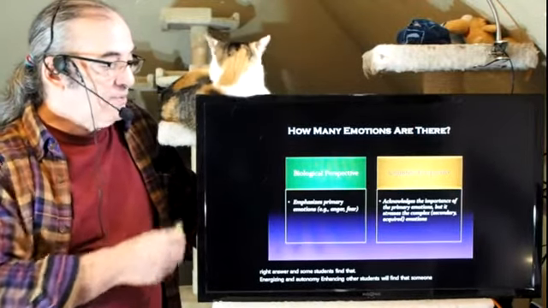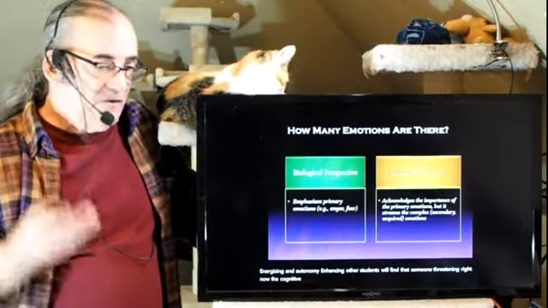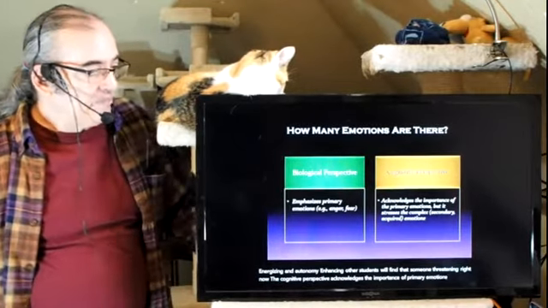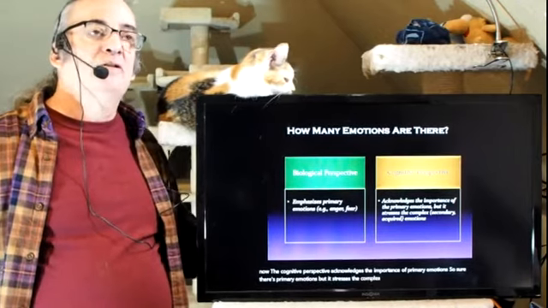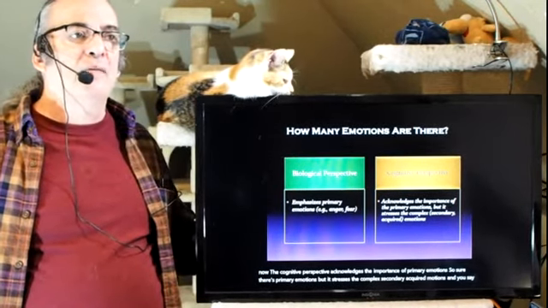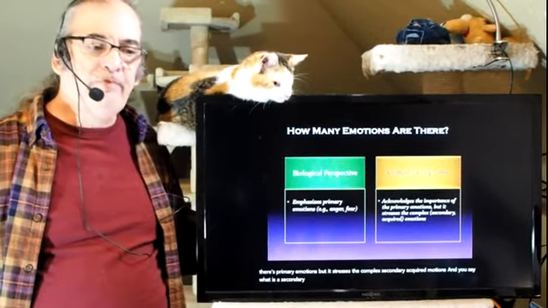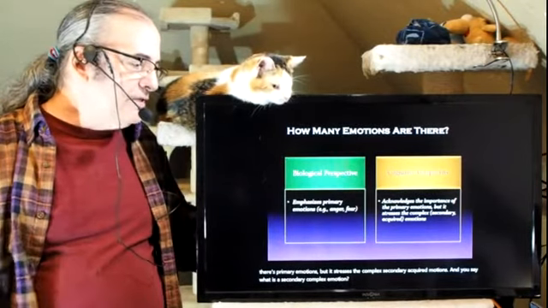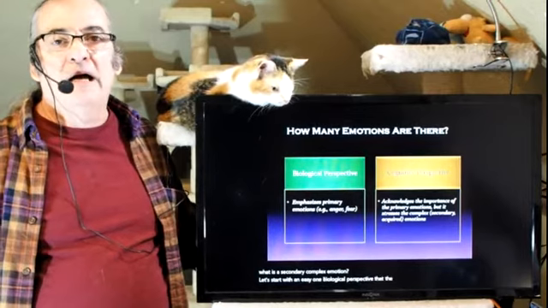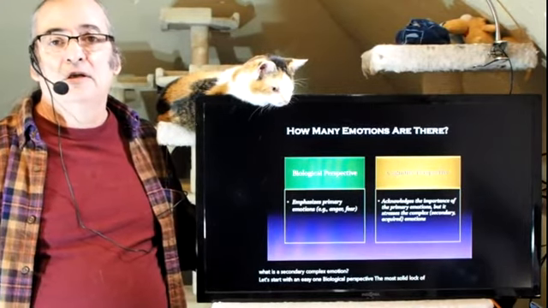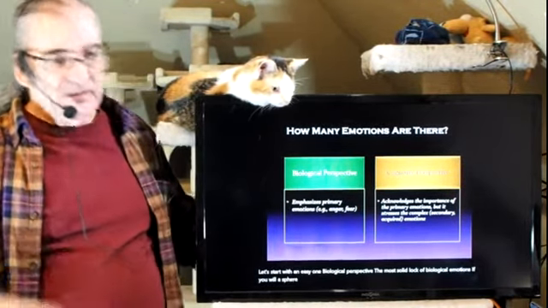Now, the cognitive perspective acknowledges the importance of primary emotions. So sure, there's primary emotions, but it stresses the complex secondary acquired emotions. And you say, well, what is a secondary complex emotion? Let's start with an easy one, biological perspective. The most solid lock of biological emotions, if you will, is fear. I see a snake, I'm frightened, I jump back.